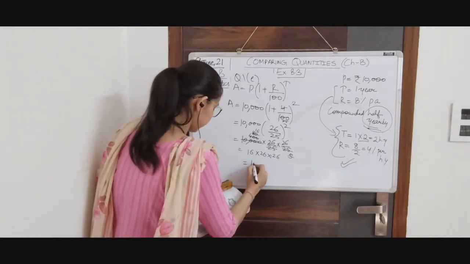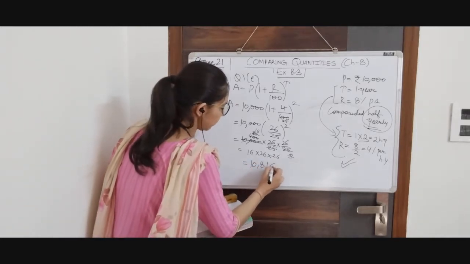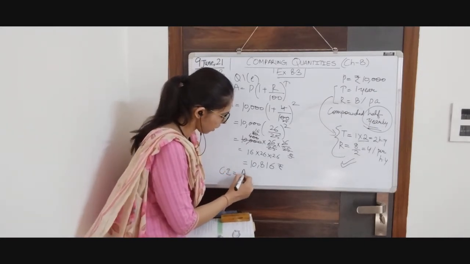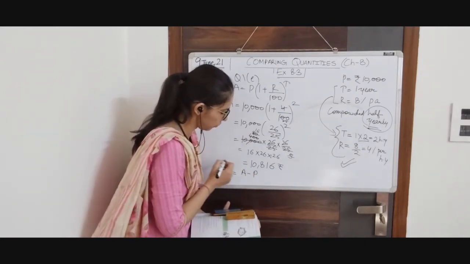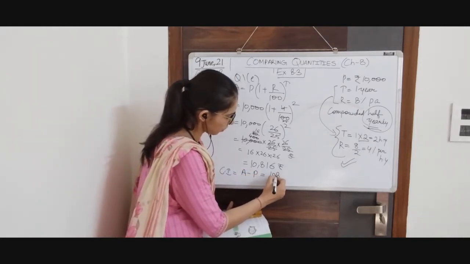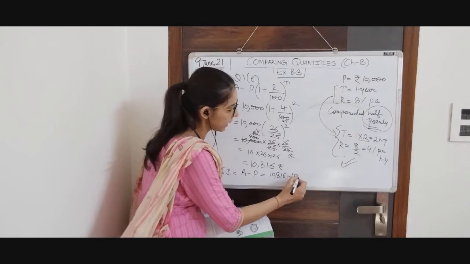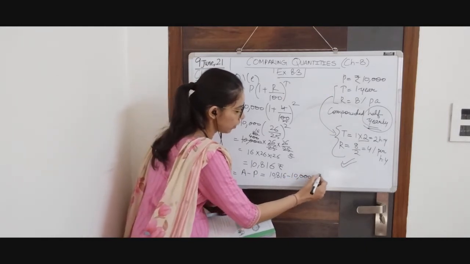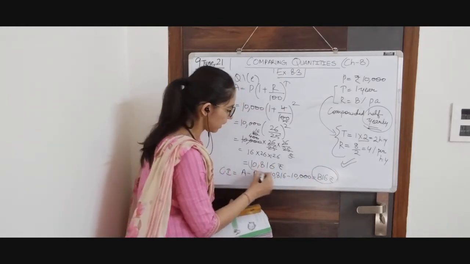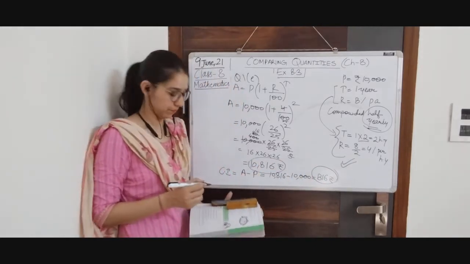It will be 10,816 rupees. So your compound interest will be your amount minus principal. You have to subtract principal from amount, which will be 10,816 minus 10,000, which will be equal to 816 rupees. So this is your compound interest, and this was your amount.